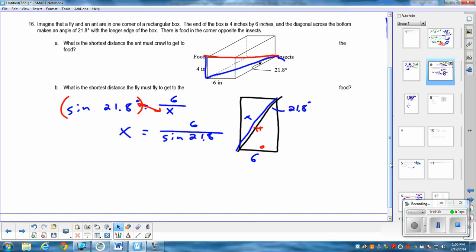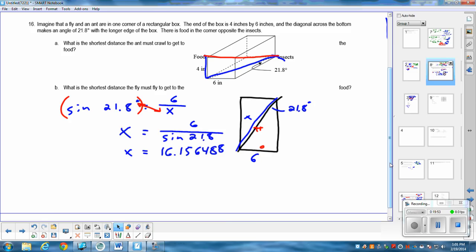My calculator tells me that 6 divided by the sine of 21.8 is 16.156488, which, since we're going to be using this later on to find the fly's path, I do not want to round just yet.